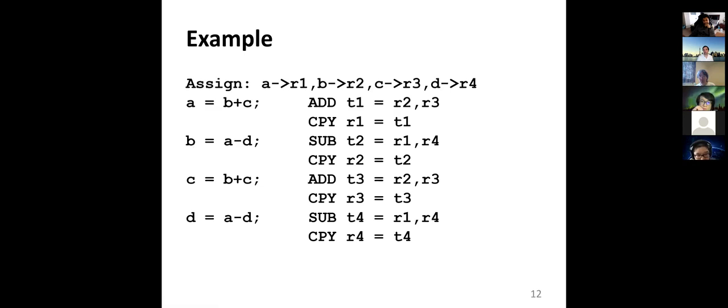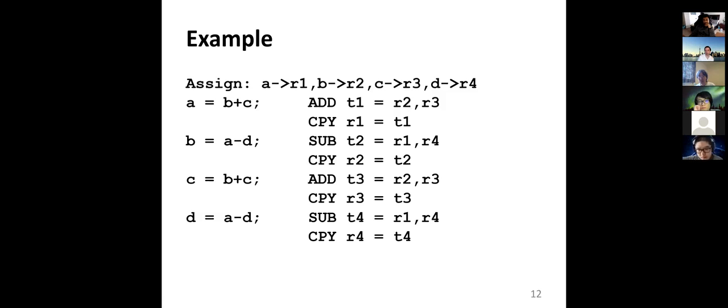Before, I had an expression that represented D as R2 plus R3, but now B has a different meaning, because it was already used in this calculation. So when I see B plus C, I see that it's not the same expression as I've seen before.